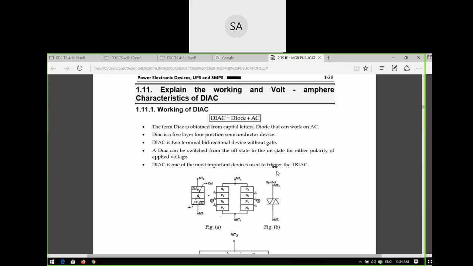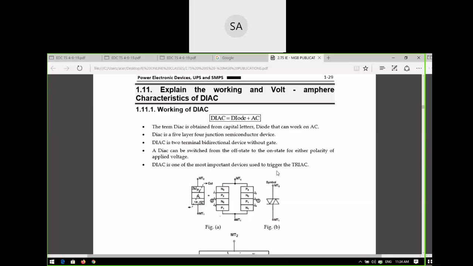SCR characteristics we have already discussed, how it conducts in forward bias mode and reverse mode. Now the other power electronic device is the DIAC, which is mainly used in AC circuits, and we will see its characteristics and how it behaves for different power supplies.